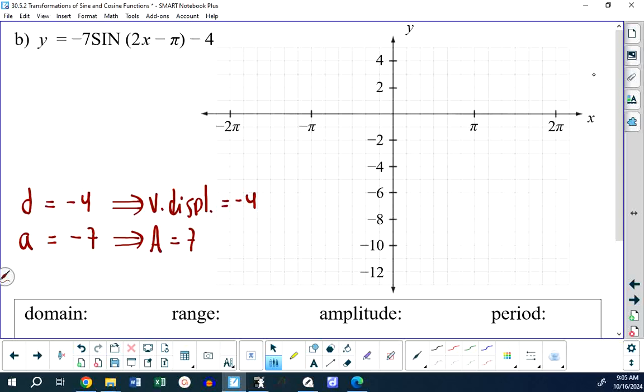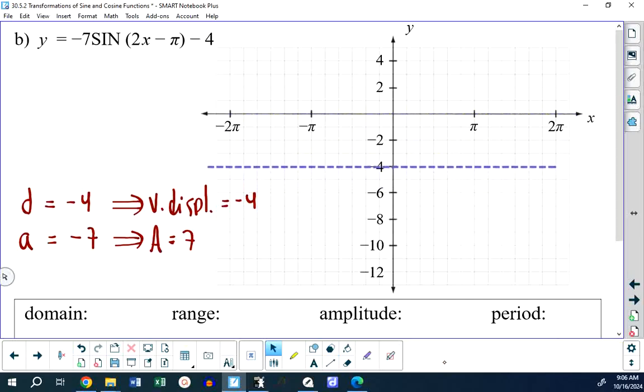If the vertical displacement is -4, I might have said -7 a minute ago, I apologize. If the vertical displacement is -4, then that middle of the graph, which is usually here, will no longer be there.